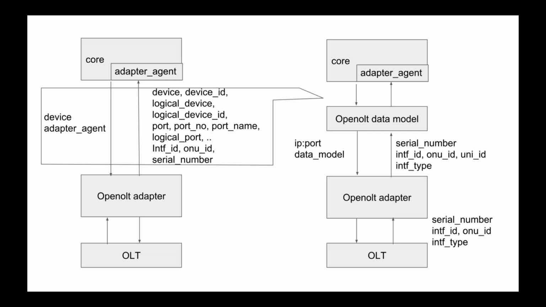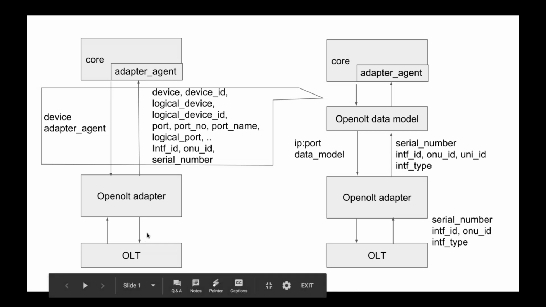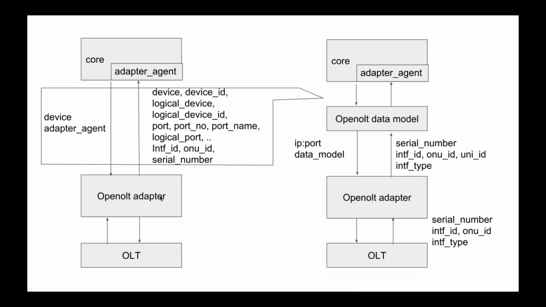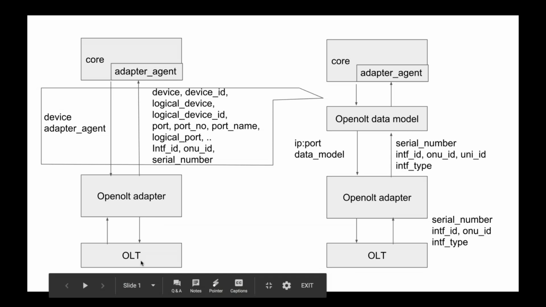Period. Nothing else. So in the openolt API, between the adapter and the OLT, there are no VOLTHA specific or adapter specific constructs. Neither are there constructs specific to the hardware. So it's pretty generic.